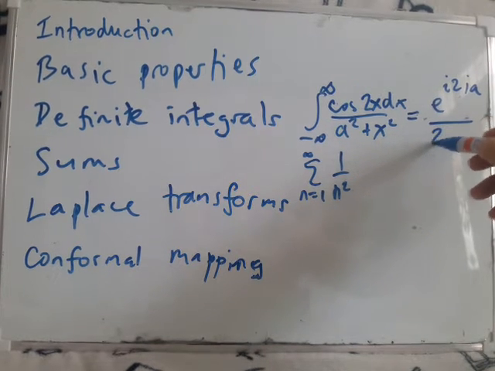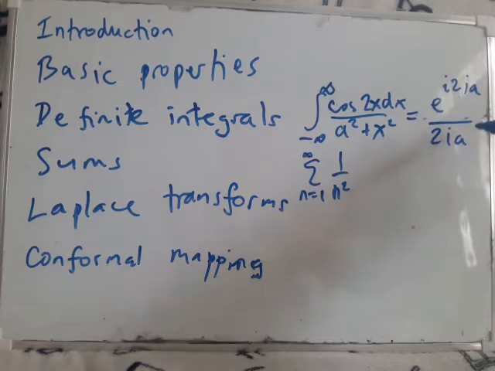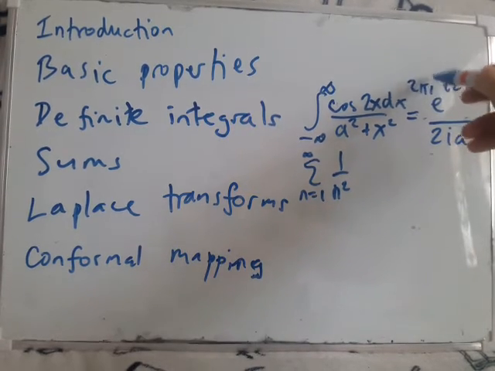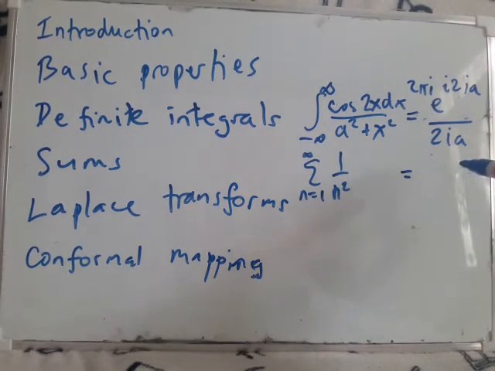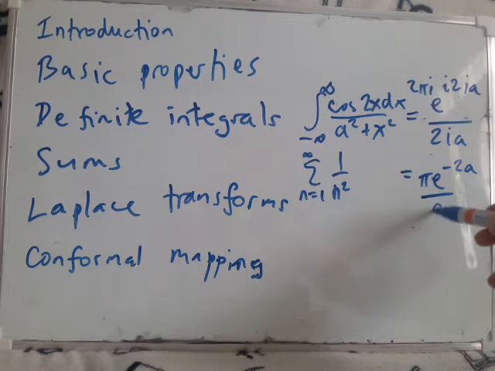We end up with a 2ia on the bottom, and we multiply by 2 pi i. So the final answer then is e to the minus 2a pi over a. Again, this seems rather magic. You can do integrals like this very quickly. How this all works will become clear later on in the course.